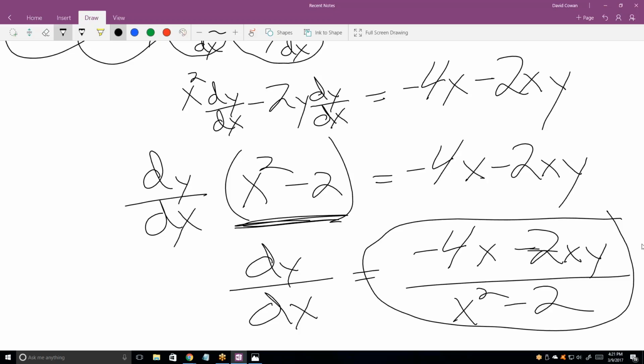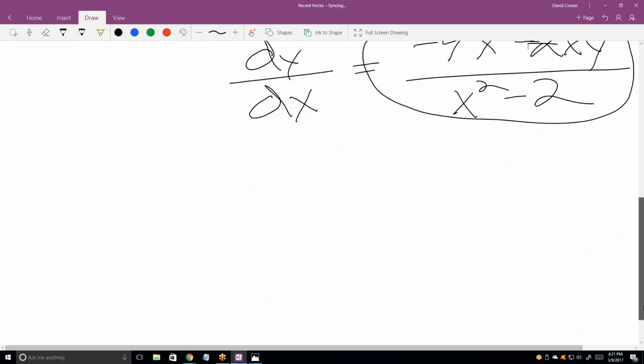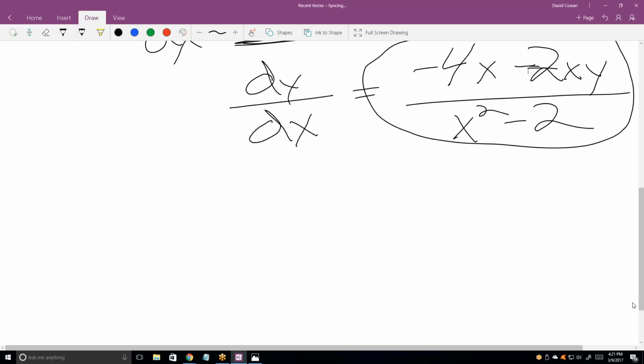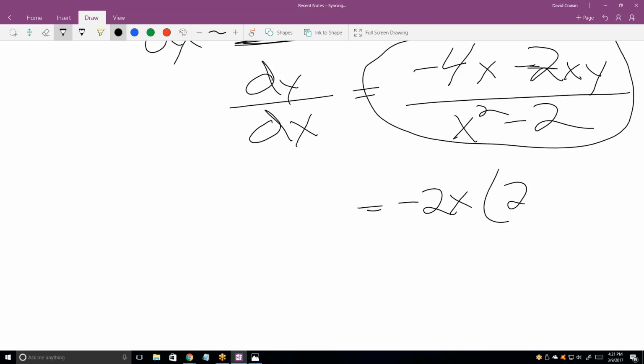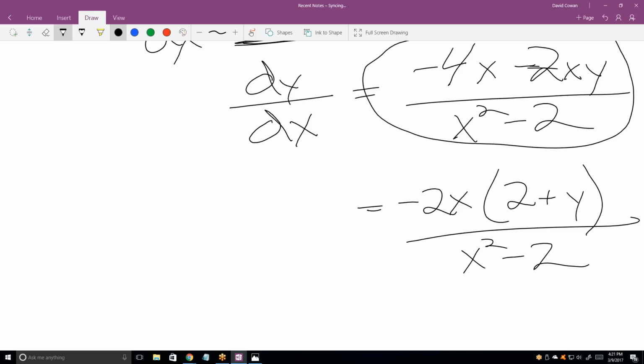Let me just show you why that doesn't help. In other words, if I take the numerator and I factor out a minus 2x, well, what am I left with? I'm left with 2 plus y, and I still have in the bottom x squared minus 2, so I can't do anything to simplify that further.